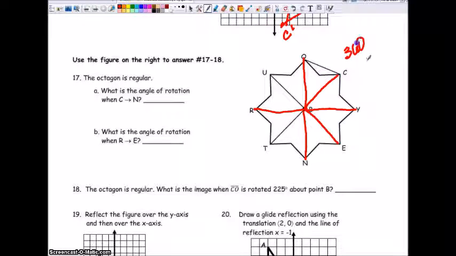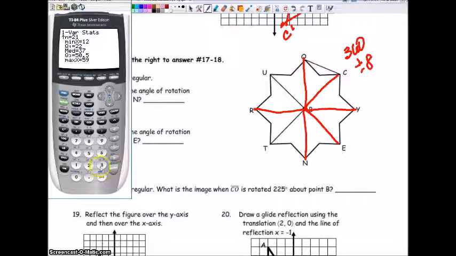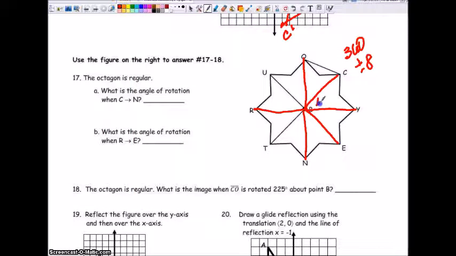So 360 divided by 8, because there are 8 angles, is 45. So each angle is 45.